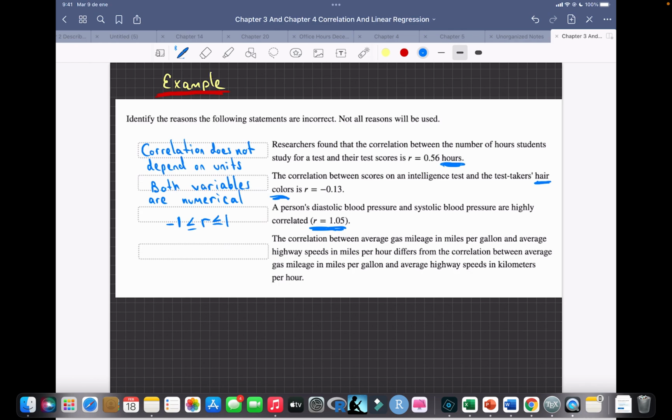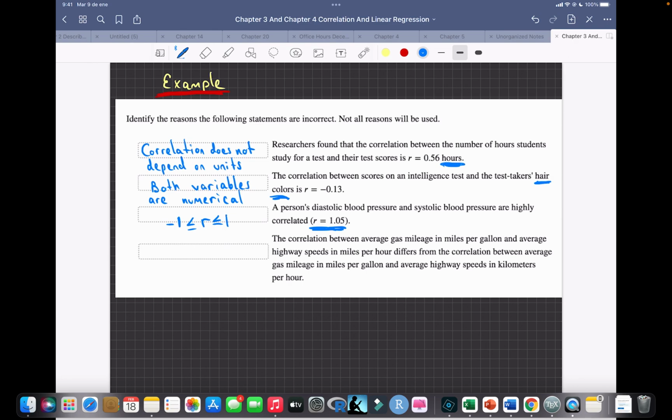And finally, the correlation between average gas mileage in miles per gallon and average highway speeds in miles per hour differs from the correlation between average gas mileage in miles per gallon and average highway speeds in kilometers per hour. So what is it, again?